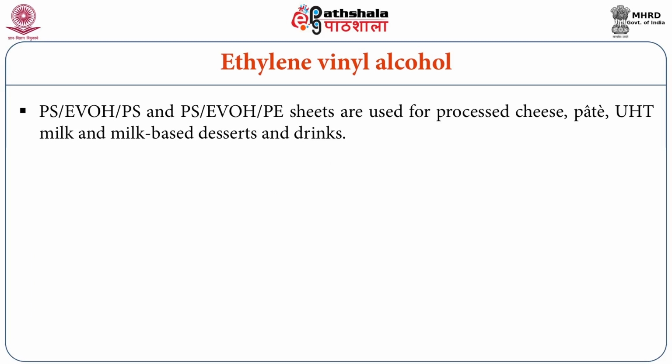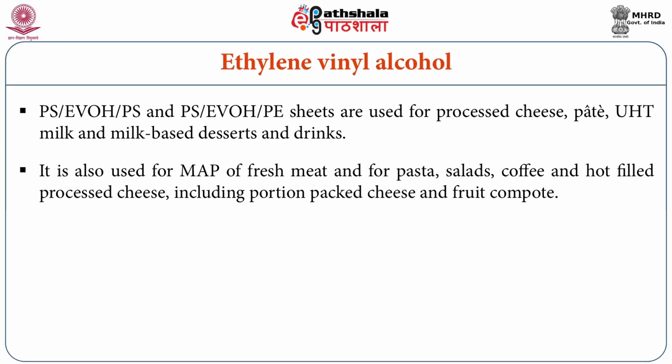Polystyrene, ethyl vinyl alcohol and polystyrene, as well as polystyrene, ethyl vinyl alcohol and polyethylene sheets, are used for processed cheese, UHT milk and milk based desserts and drinks. It is also used for MAP of fresh meat and for pasta, salads, coffee and hot filled processed cheese, including portion packed cheese and fruit compote.